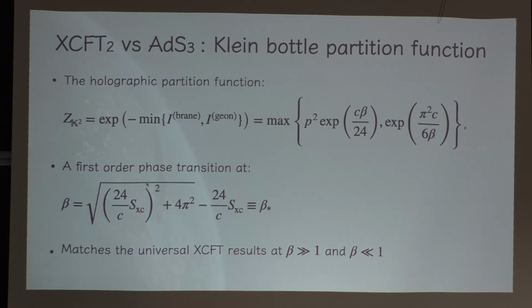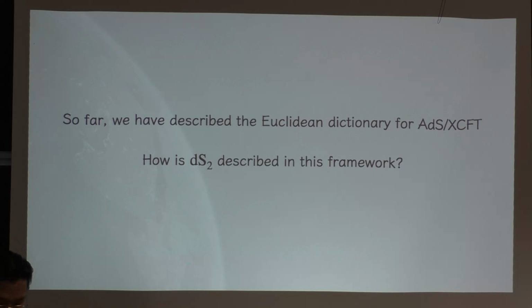If you look at the two limits, at low temperature and high temperature, they match the universal CFT result precisely. So this is a consistency check. Are there any questions so far?